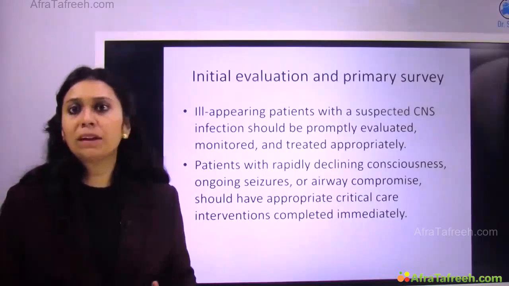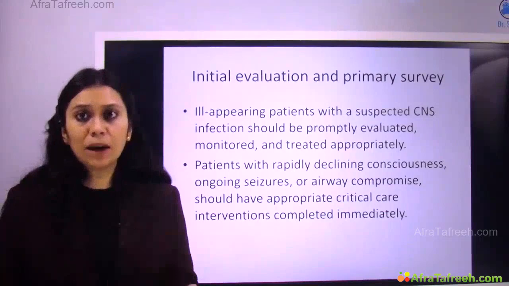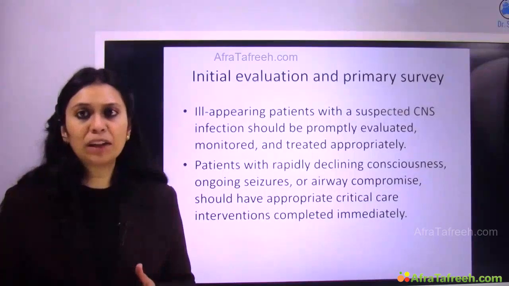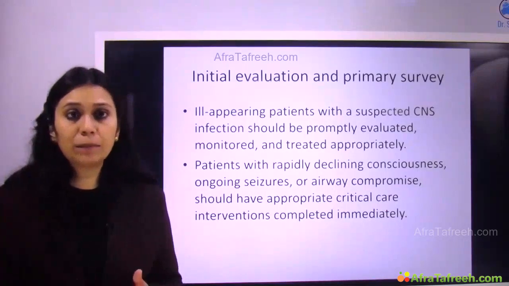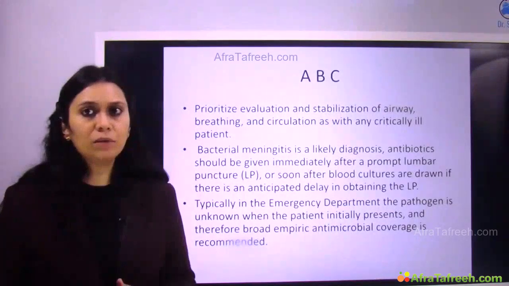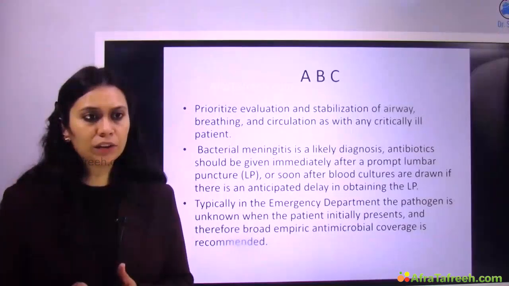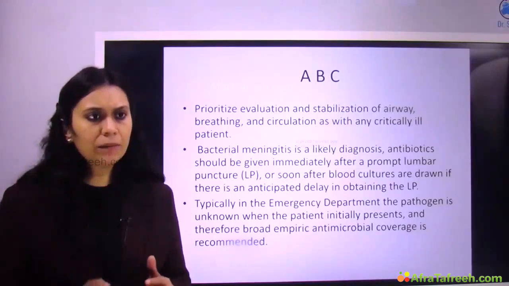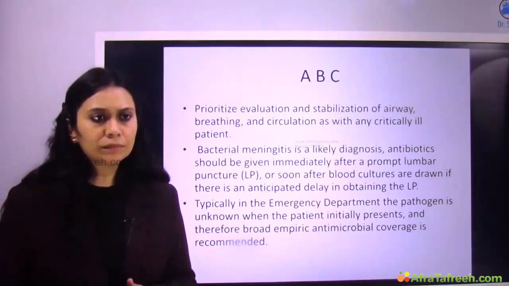But the patient who is rapidly deteriorating, in them we need to do the emergency management first and then evaluate and appropriately treat, right? So in these patients who are rapidly declining, we have to prioritize ABC. Airway, breathing, circulation should be prioritized. So stabilization of airway, breathing, circulation is done as in any critically ill patient, right?